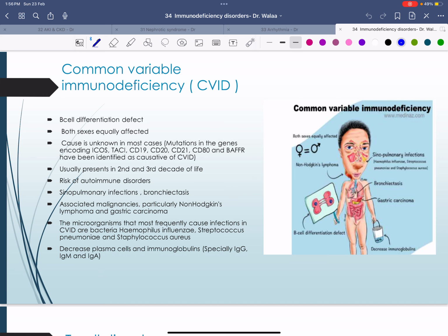Because again of poor interaction between B cells and T cells, the regulatory function of T cells is really important to prevent autoimmunity. معناته الناس عندهم common variable immune deficiency are liable to develop autoimmune disorders زي pancytopenia, autoimmune hemolytic anemia, autoimmune thrombocytopenia as well.